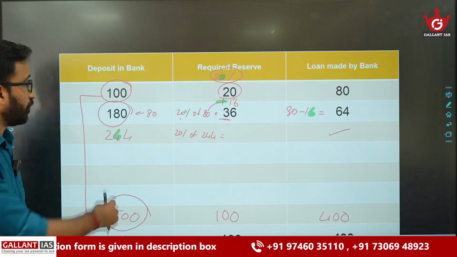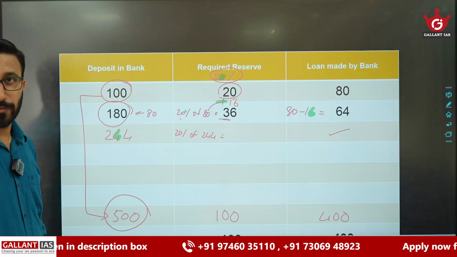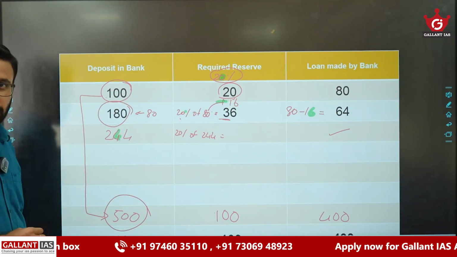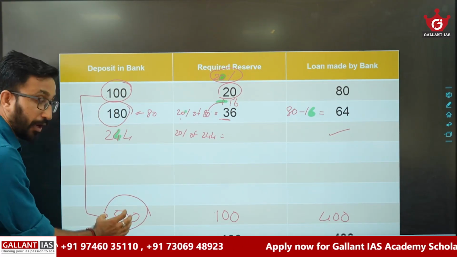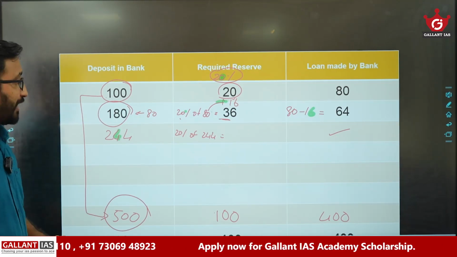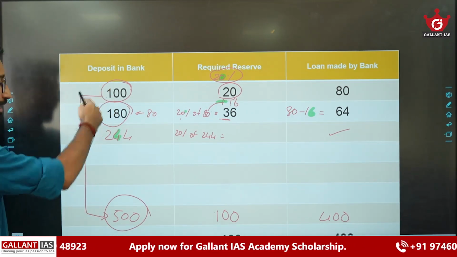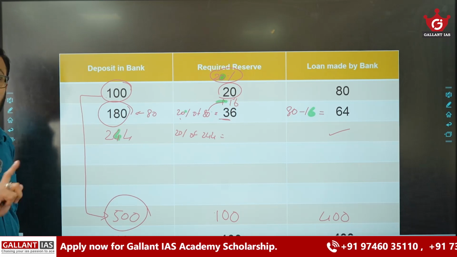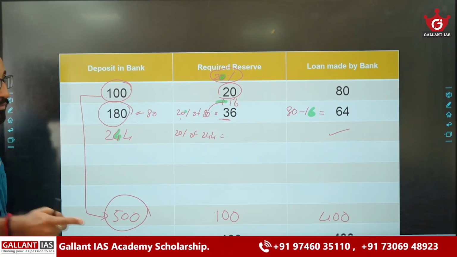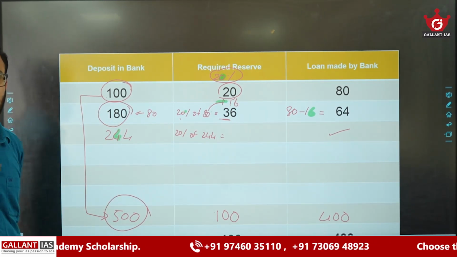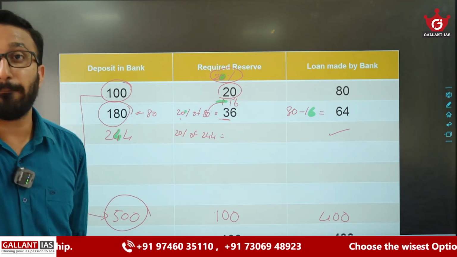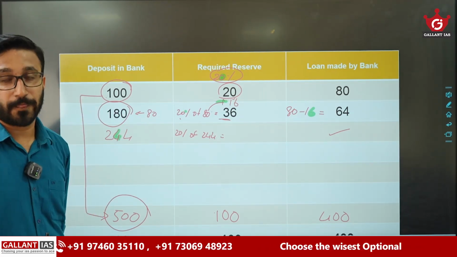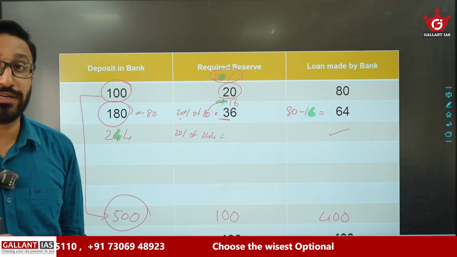So this is how banks create money. From this 100 rupees, the bank has created 500 rupees. That shows the money gets multiplied 5 times, and that is our next term, money multiplier. Money multiplier is an important term.